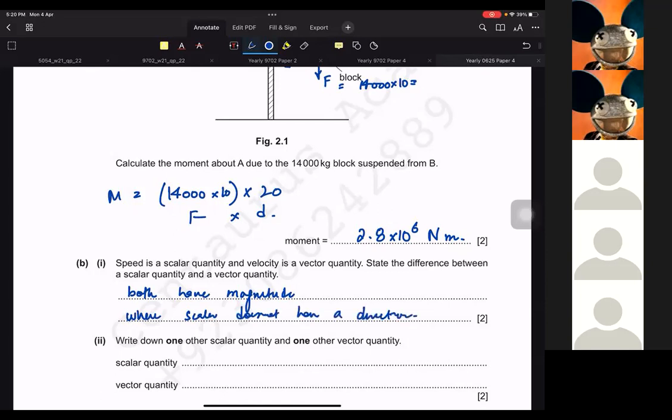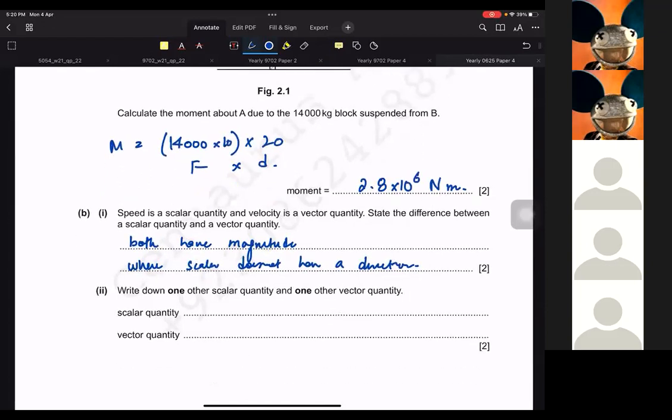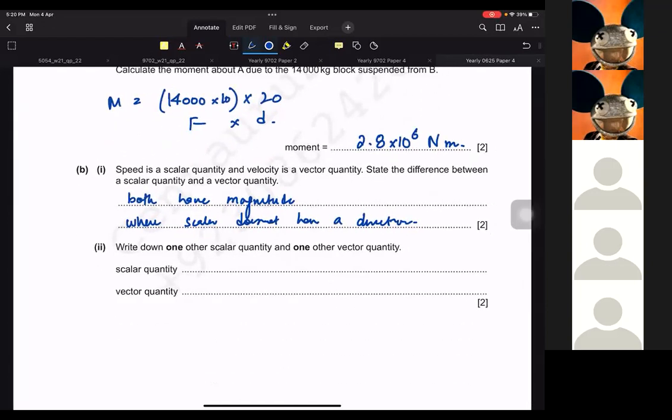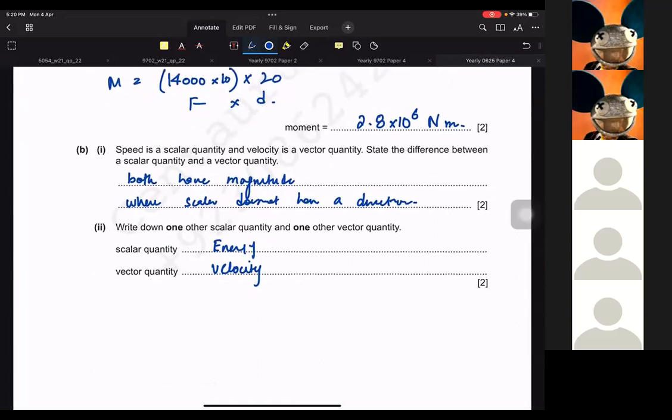Or you can alternately write that vector has a direction. State one scalar and one vector quantity. So scalar could be energy, work, power, whatever you want to write. A vector is velocity. You can write force, displacement, acceleration, whatever you know at that time.